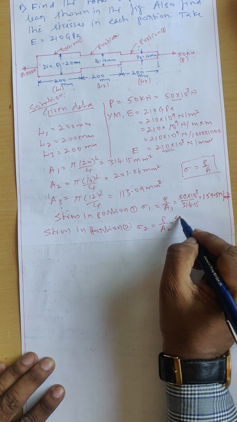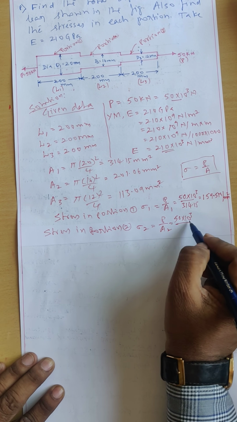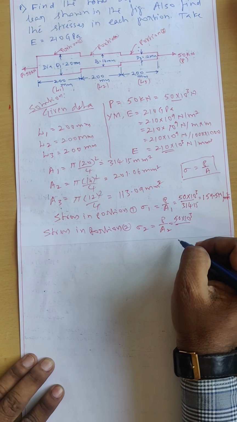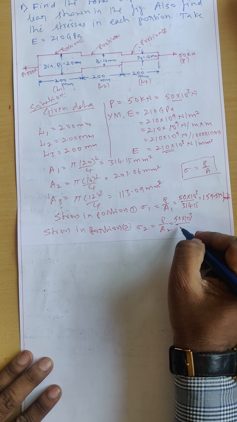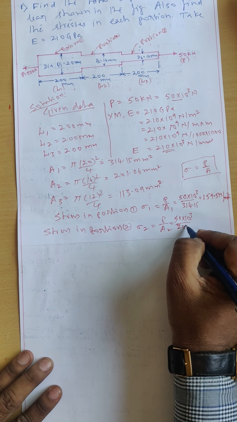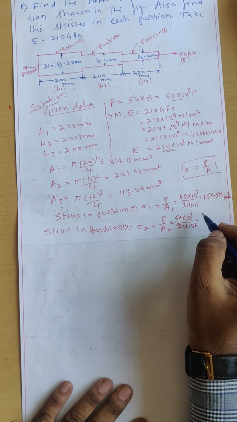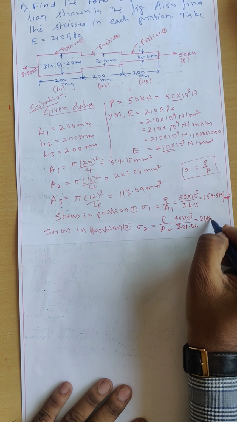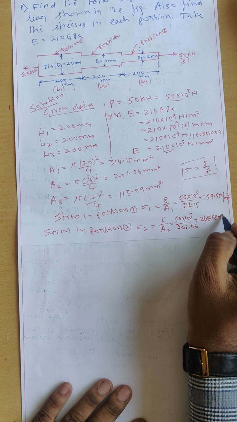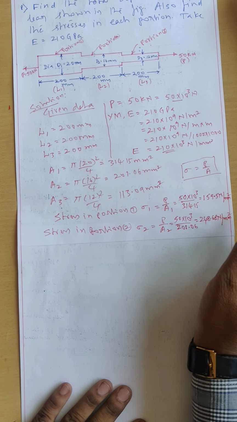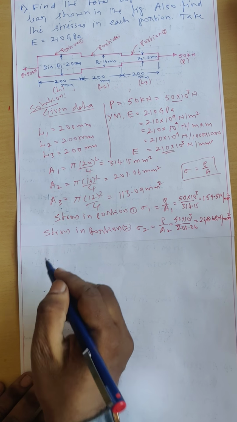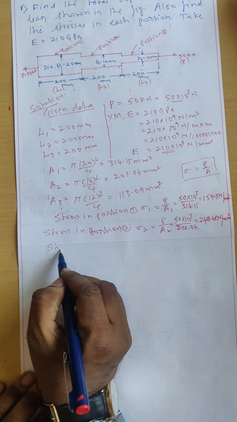P is 50 into 10 to the power 3. A2 we calculated, 201.06. It comes to be that the stress in the second portion is 248.68 Newton per millimeter square.